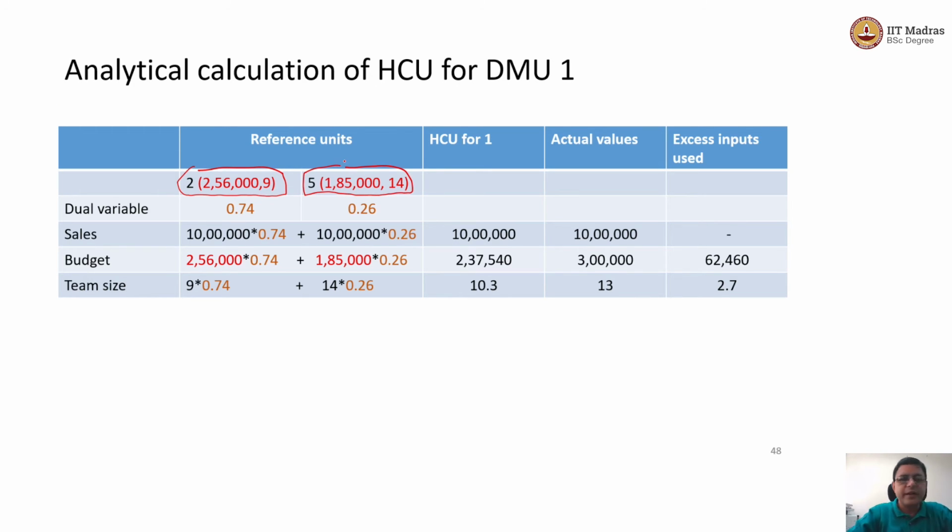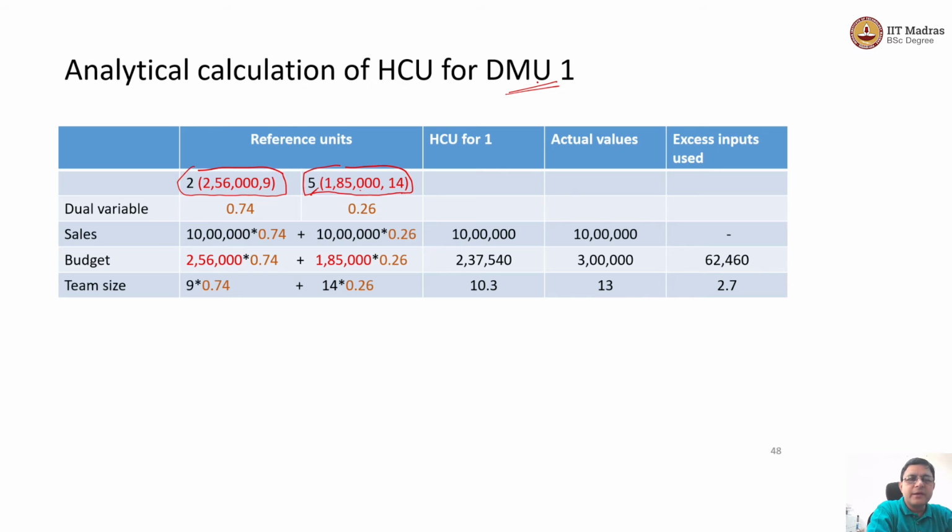You can verify that from the data, which essentially means that DMU2, which is an efficient DMU, is consuming a budget of 256,000 and a team size of 9 to generate sales of 10 lakhs. Similarly, DMU5 is spending only 185,000 budget, with a larger team size of about 14 people, and it is finding itself on the efficiency frontier. Now these are the two reference units for DMU1.